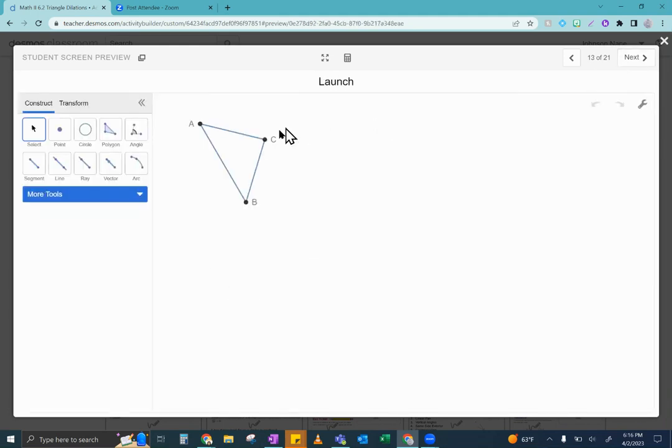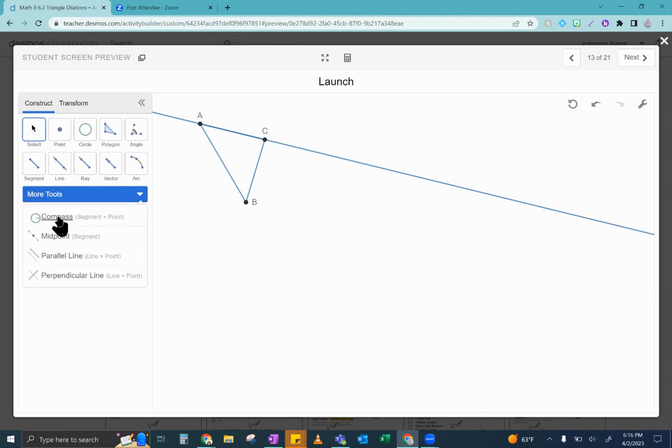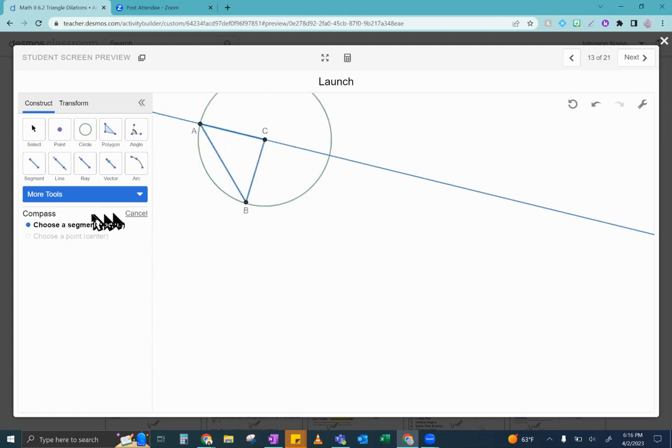Okay. So I'm going to do that really quick. I'm going to do the same thing, go through here, and then now I need a compass, that section here, right? I guess I didn't need that, huh?